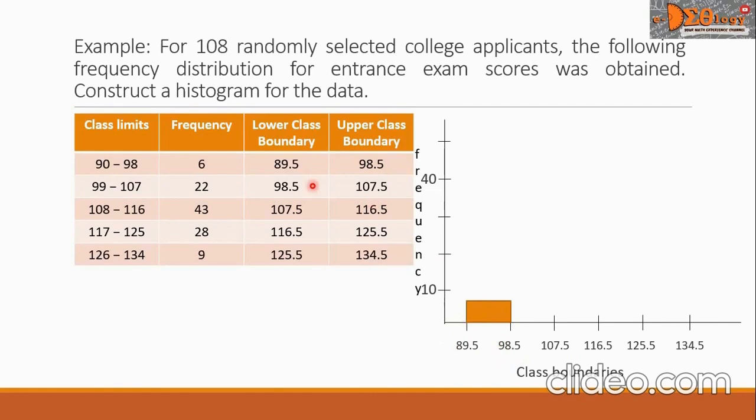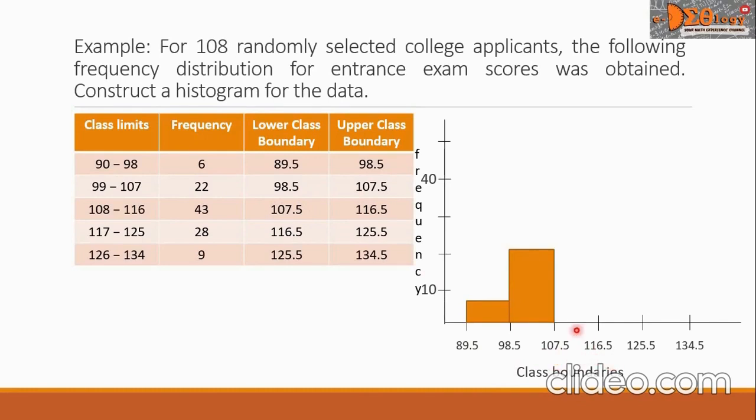For the second class interval, we have the class boundaries from 98.5 to 107.5. So this is our interval, and the rectangle corresponding to that is this one with a height that is equal to 22 in the frequency. The third class interval has class boundaries from 107.5 to 116.5.